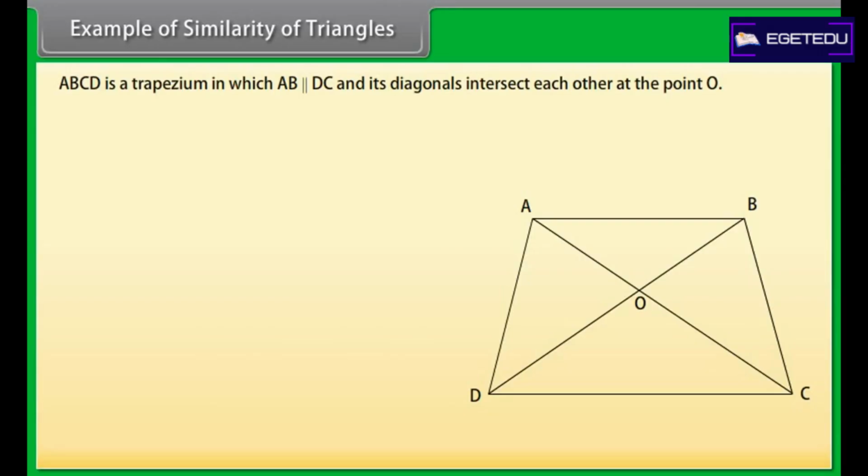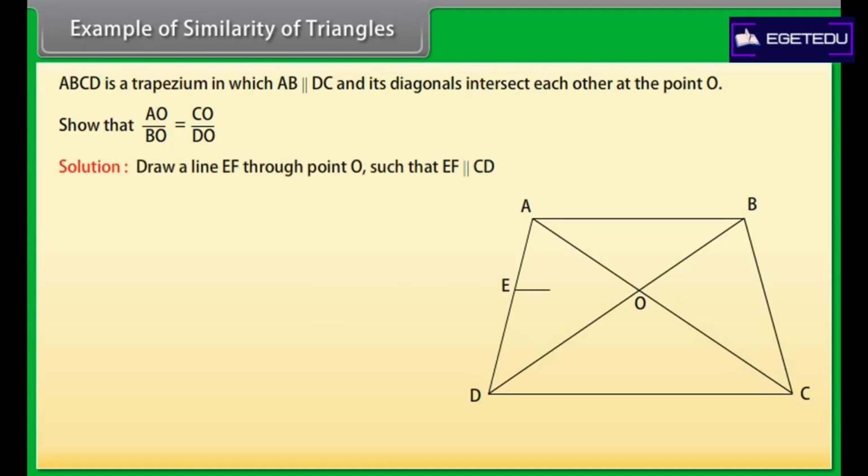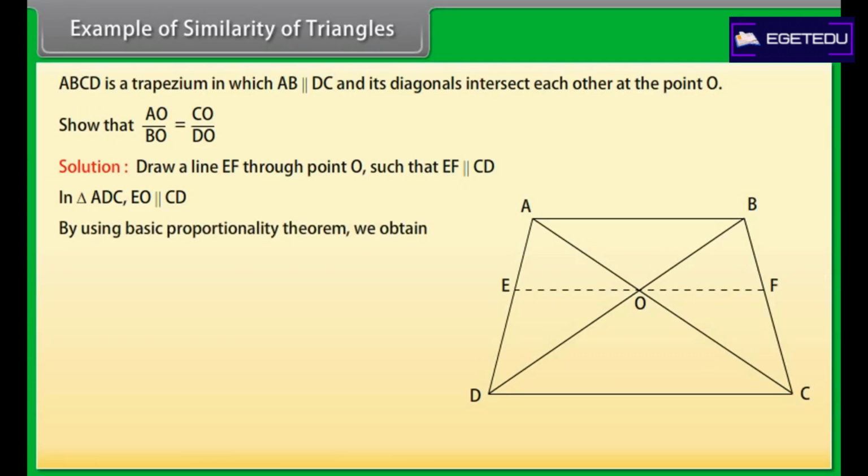ABCD is a trapezium in which AB is parallel to DC and its diagonals intersect each other at the point O. Show that AO/BO = CO/DO. Draw a line EF through point O such that EF is parallel to CD. In triangle ADC, EO is parallel to CD. By using the basic proportionality theorem, we obtain AE/ED = AO/OC.